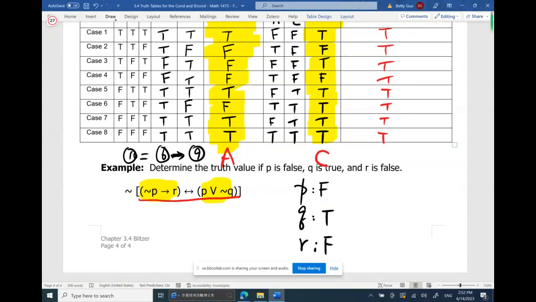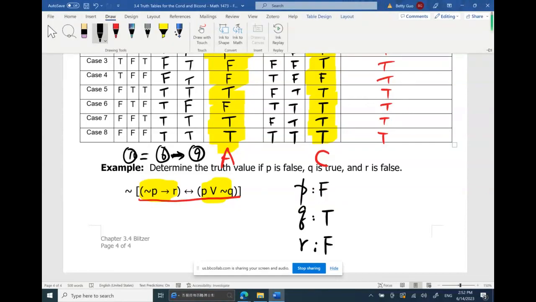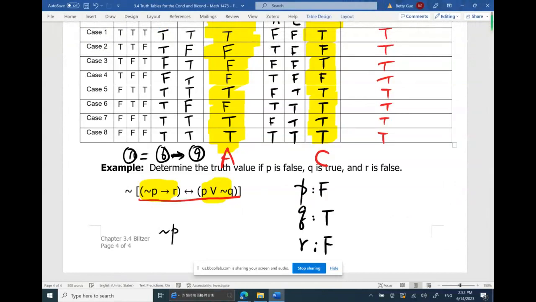Let's go by piece. The first piece is not P implies R. Not P is the antecedent, R is the consequent. So P is false, then not P would be true.